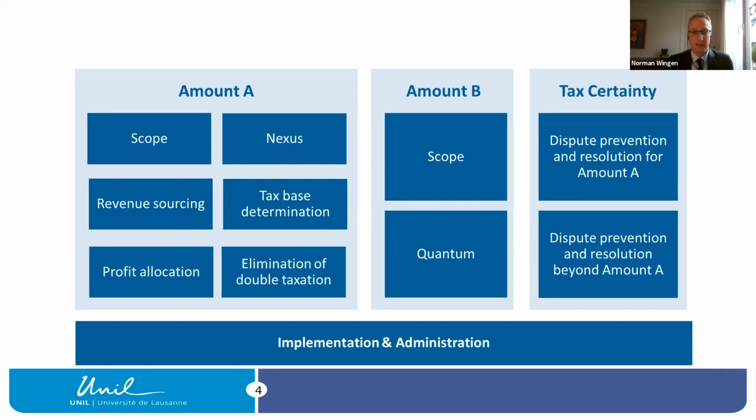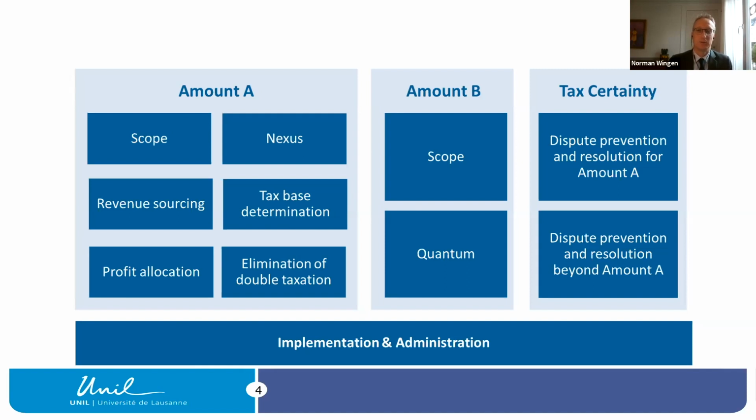And the third step in this elimination of double taxation is the so-called market connection test. Some countries are saying, well, when I'm taking the residual profit under Amount A and reallocating it to market jurisdictions, I should reallocate it to market jurisdictions which have a commercial or business link to this residual profit. And therefore, there is a market connection test.